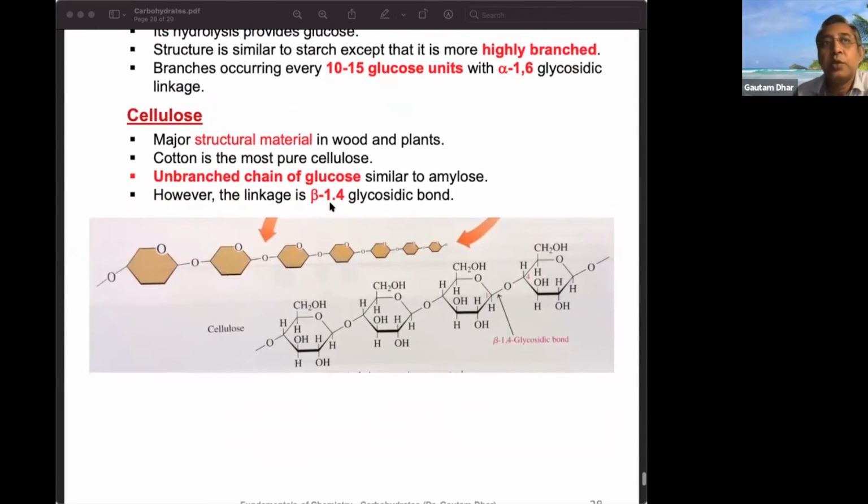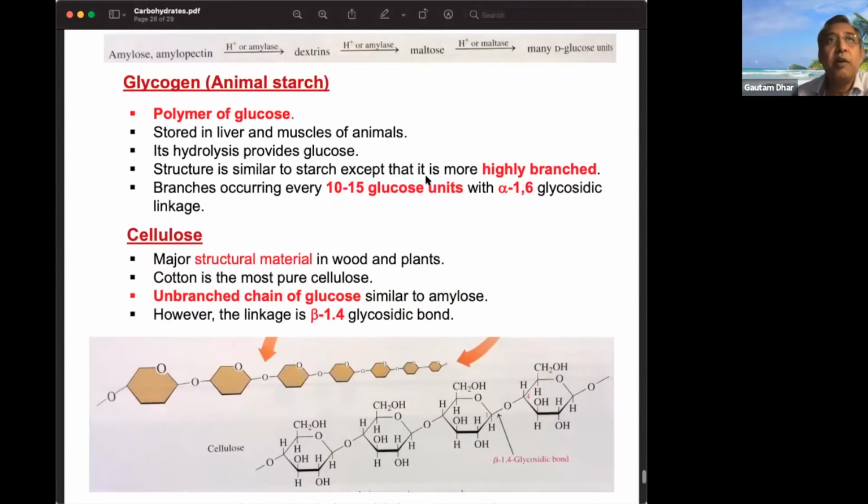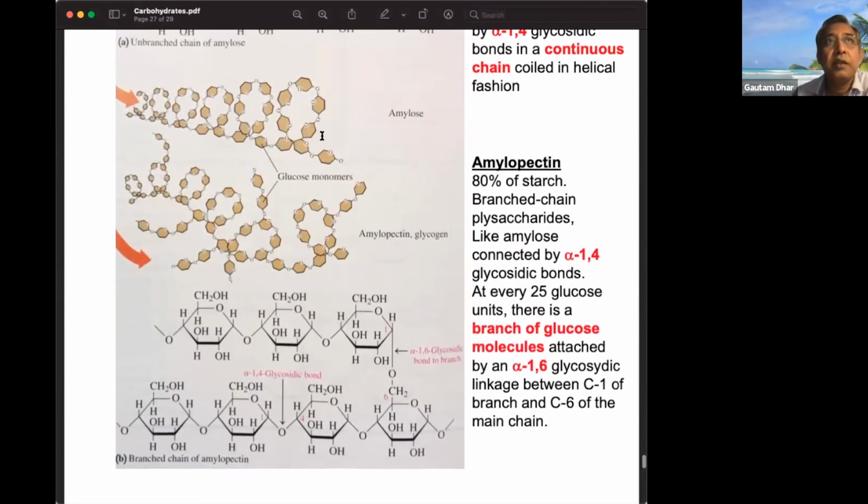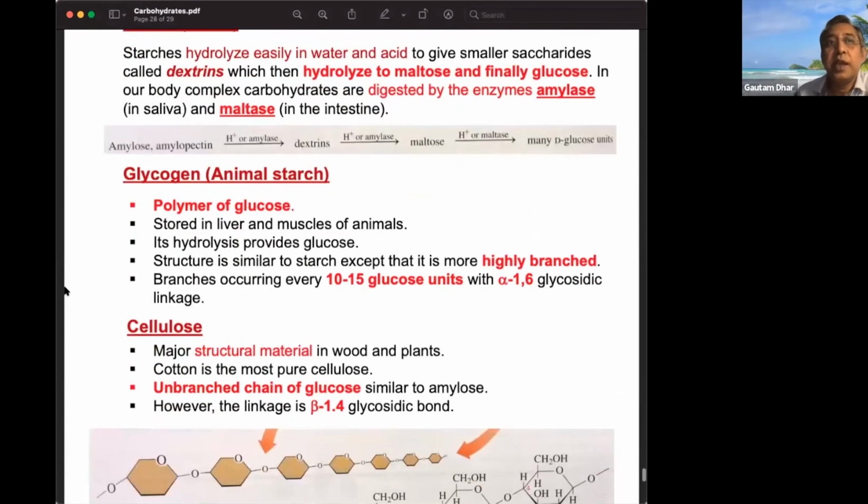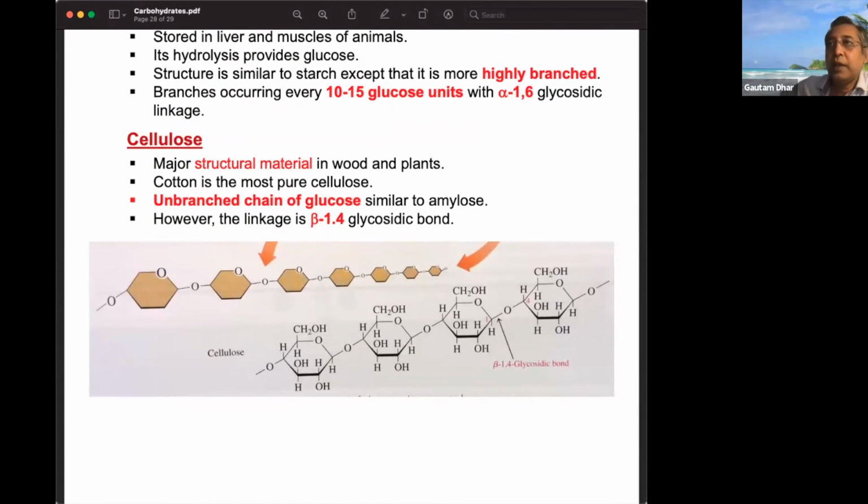Okay, so cellulose, again, the structure of cellulose is different. If you see the starches, they are coil structures. This coiling, but cellulose is like a straight chain, like a fiber. So that's why you get cellulose fiber, and that's because of only one change, it being beta 1,4.